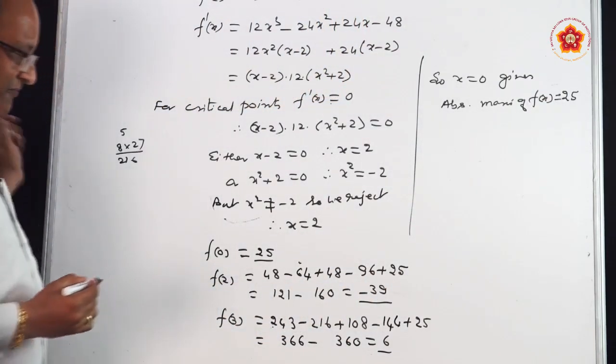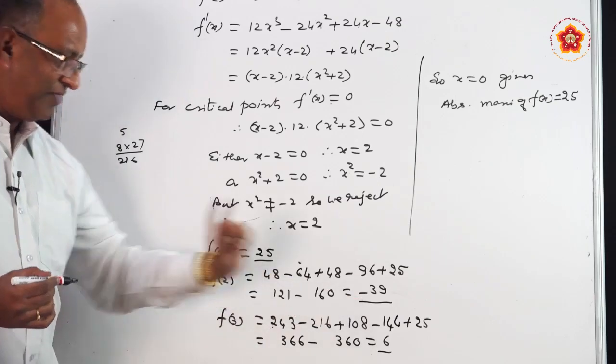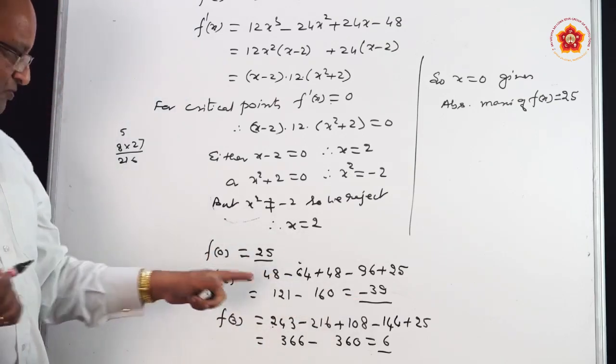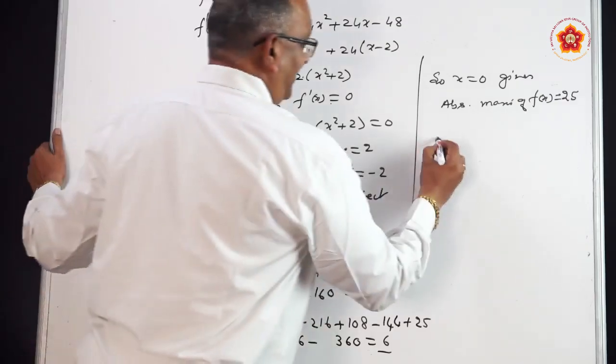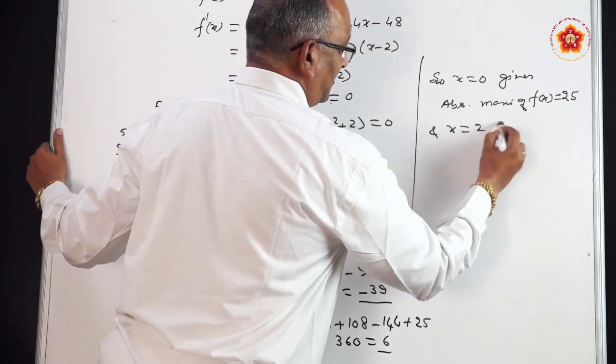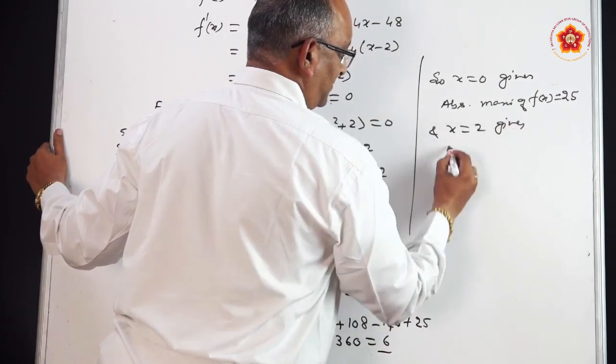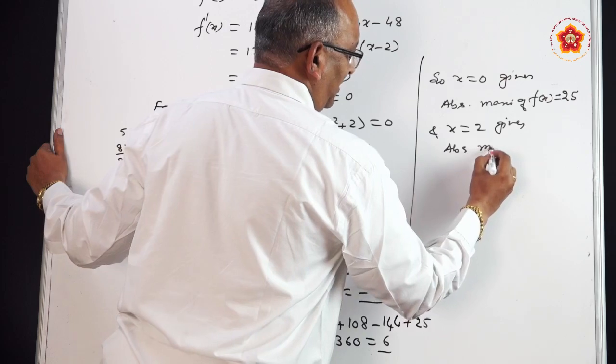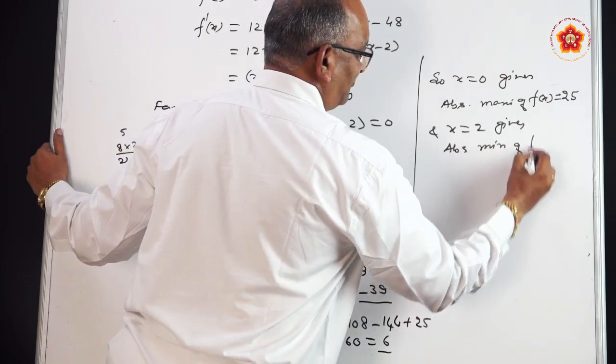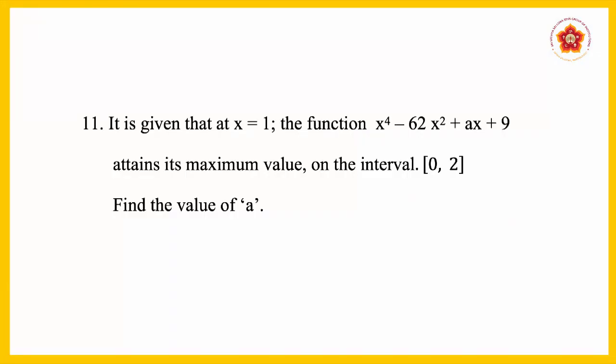Now, take the negative values. We have only one negative value, no need to compare. So, we can say that x equal to 2 gives absolute minima of f(x).